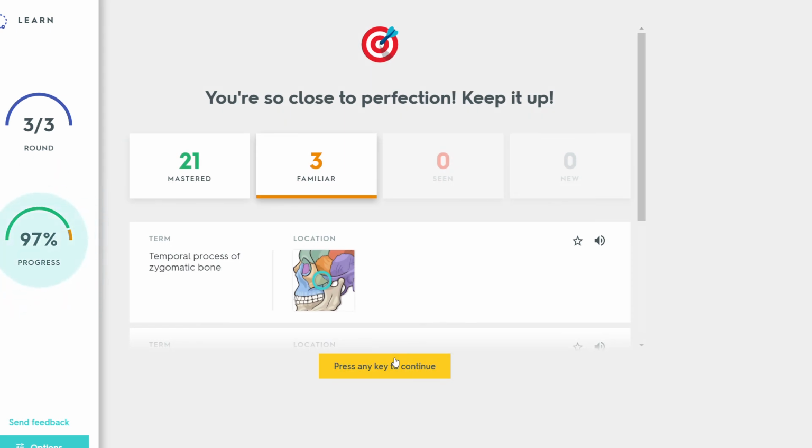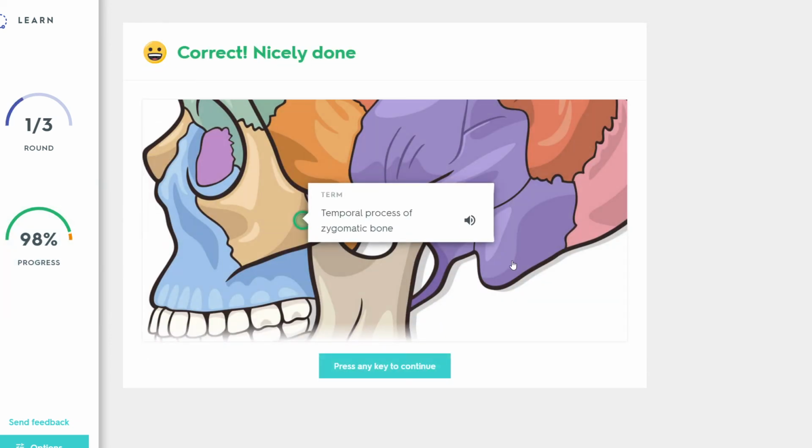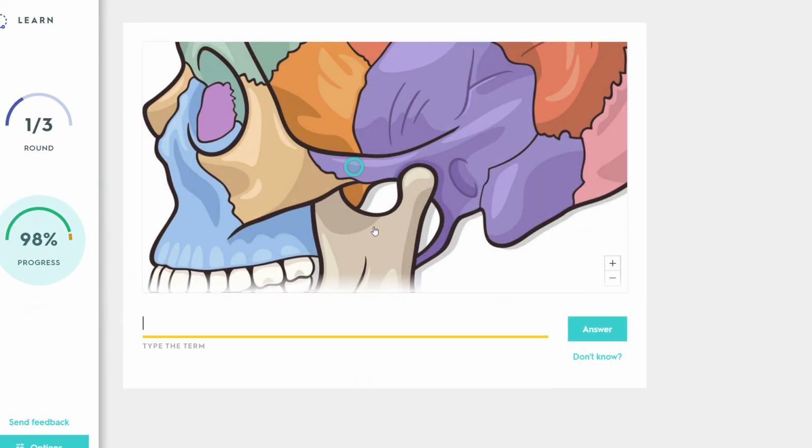You're so close to perfection. Keep it up. Let us reach that perfection. The temporal process of the zygomatic bone. You are right there. Oh, you're asking me the same questions again. Okay, that's the temporal. No, that's the zygomatic process of temporal bone.